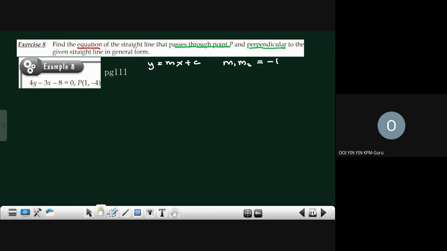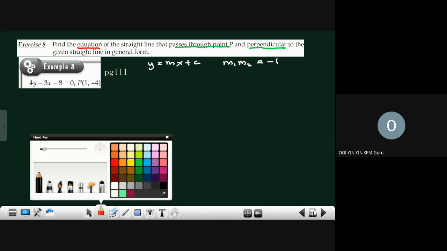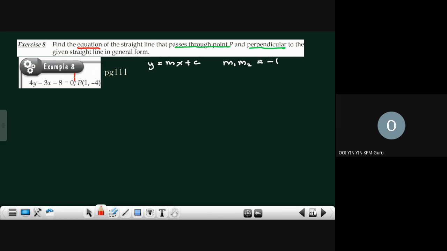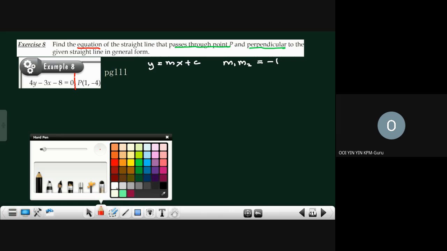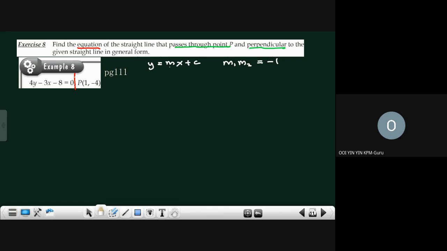So now, same like just now, they give you one equation and one point. Then we find our m, and then we use this equation y minus y1 equals to m times x minus x1 to find the final equation.